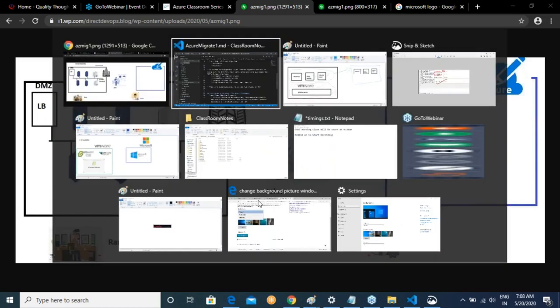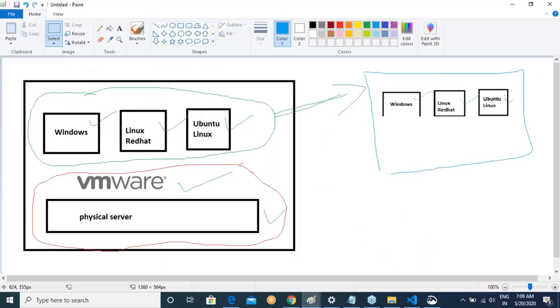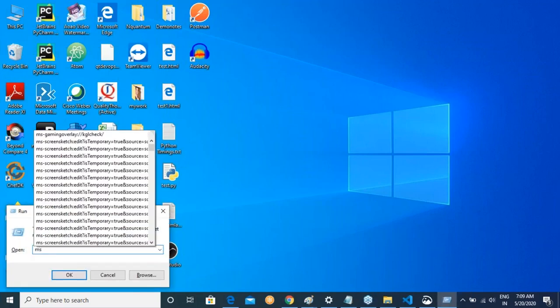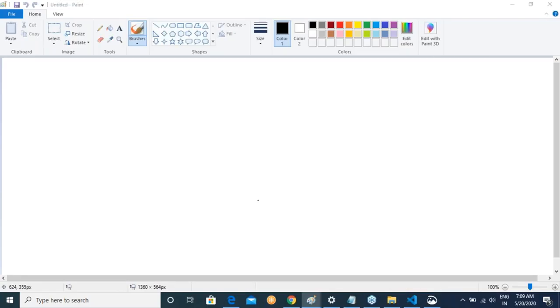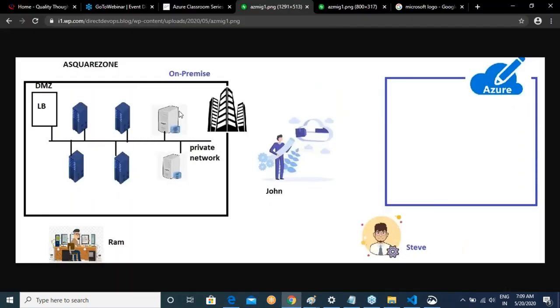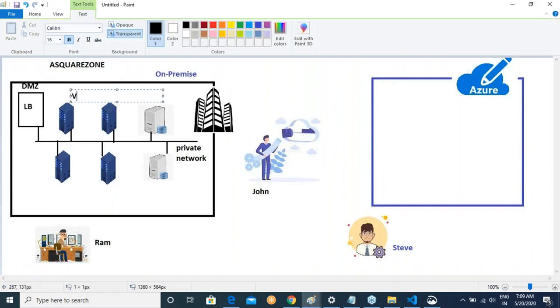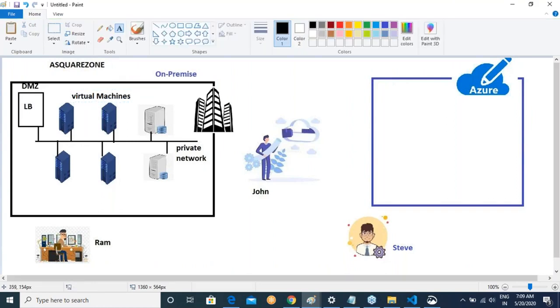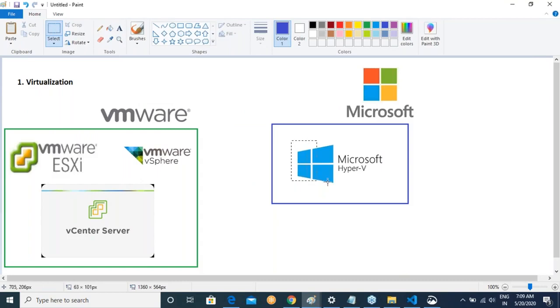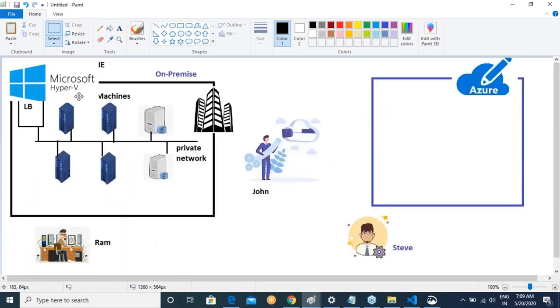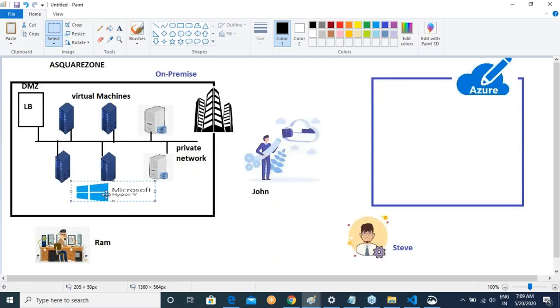Now our first assumption. What we will be looking at is that all of these are VMs, virtual machines, and these virtual machines are running on a virtualization platform which is Microsoft Hyper-V.